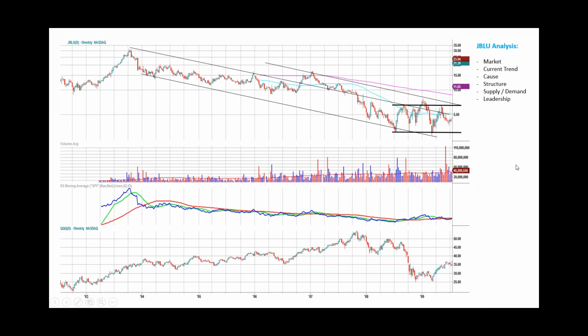Okay, let's look at another one, JetBlue. What is the trend? Similar structure, although the trend really is still down. Okay. You have a consolidation drawn on to the right there.